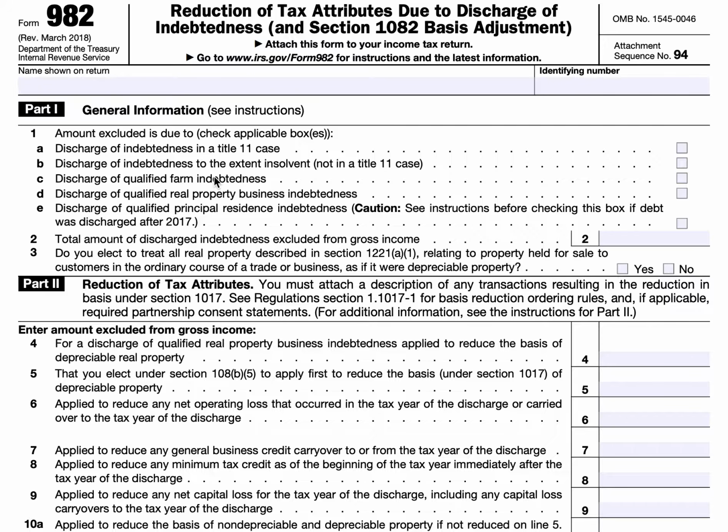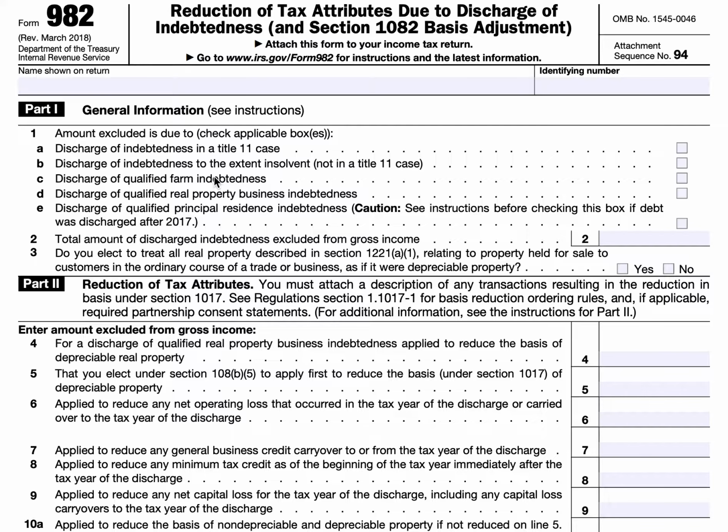So if you check this box, you are most likely not going to check one of the other boxes. In line 1B, for example, if you consider yourself to be insolvent but not in a Chapter 11 case, then you would check 1B but not check 1A.